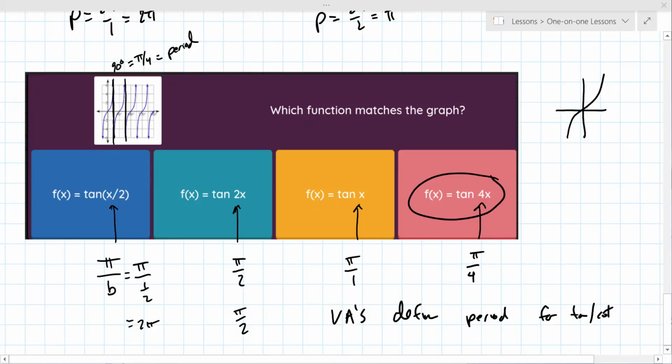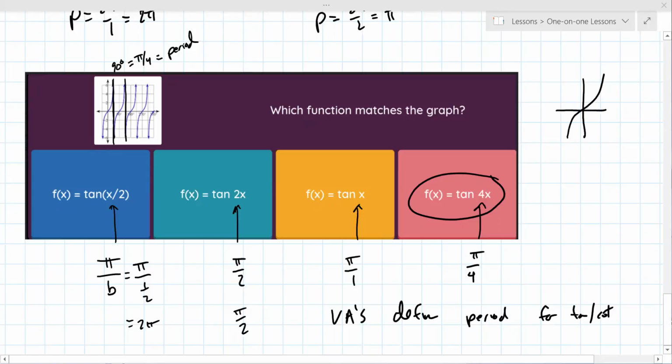Okay, so pi over 4. Okay, just trying to get this graph here.